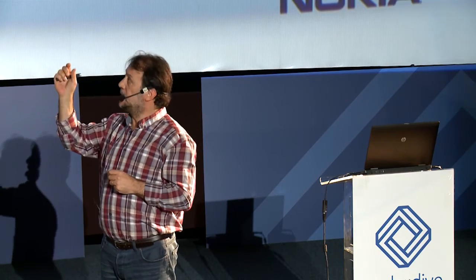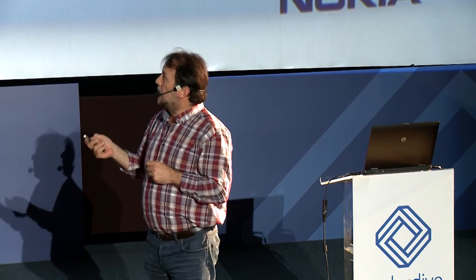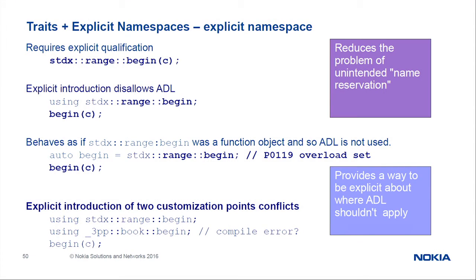It is open for addition, but I don't want to be able to use the things inside without qualification. I want to be explicit. Then, when I use it, I will need to use it in this way. Okay?